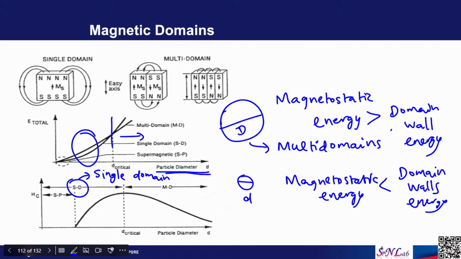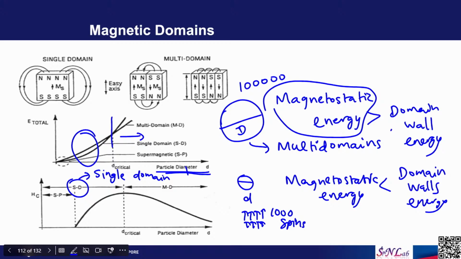When the particle size is very small, the system does not form domains, but when the particle size is very large, you can imagine, if you have very small particles, you may have 1000 spins parallel to each other, and if the particle is very very large, maybe you have like 100,000 spins parallel to each other. This will have large magnetostatic energy, so it is better they split into domains and minimize the magnetostatic energy.